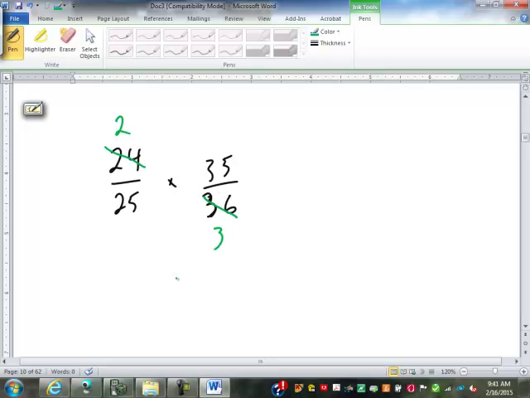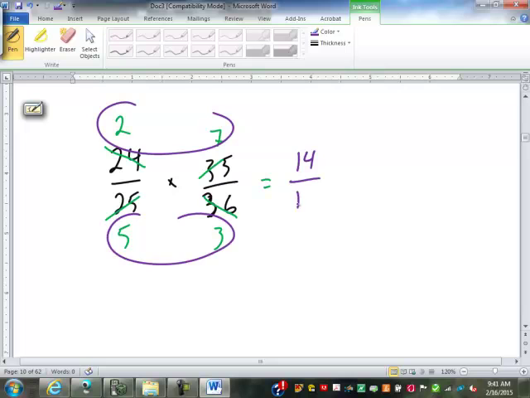That's 2 and 3. 25 and 35 can both be divided by 5. That's 7 and 5. 2 times 7 is 14. 5 times 3 is 15. If we had multiplied it out to get 840 over 900, it would have been reduced to 14/15. It's just a lot easier to reduce it beforehand.